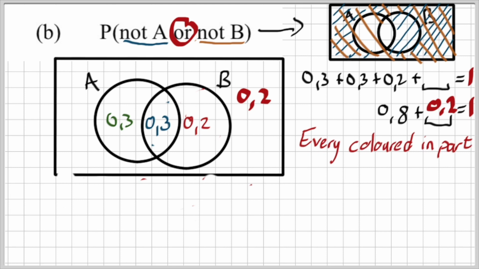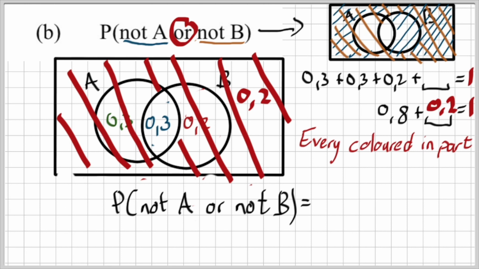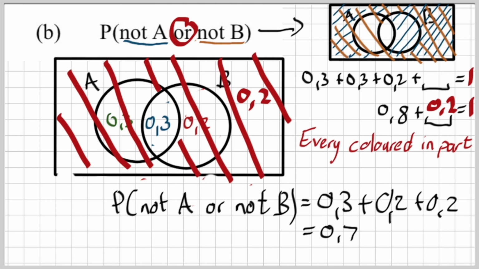Looking at the original sketch, it basically means the probability of A or not B happening is everything that's colored in with a dark red now. So all of those dark red stripy parts is colored in, which means it's 0.3 plus 0.2 plus 0.2. And my answer is 0.7.